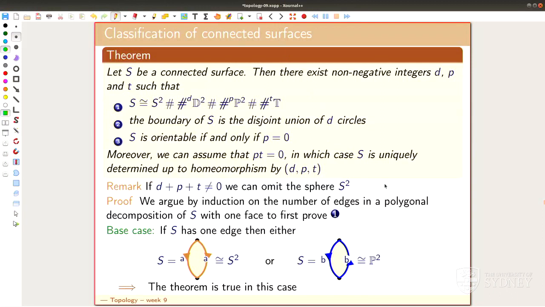And the second one is a projective plane. And yeah, sure, they fit into this pattern. The sphere is just, let me write it down like this, 0, 0, 0. So this case here, where I refer to this tuple, D is 0, P is 0, T is 0. And the projective plane, maybe I give it a different color, is just 0, 1 and 0.